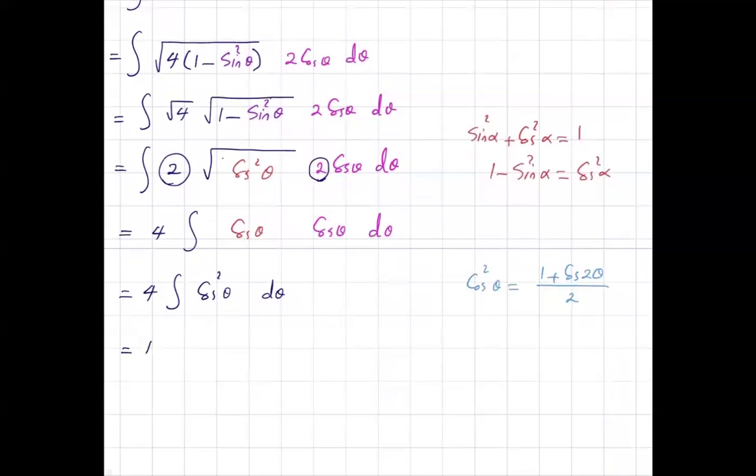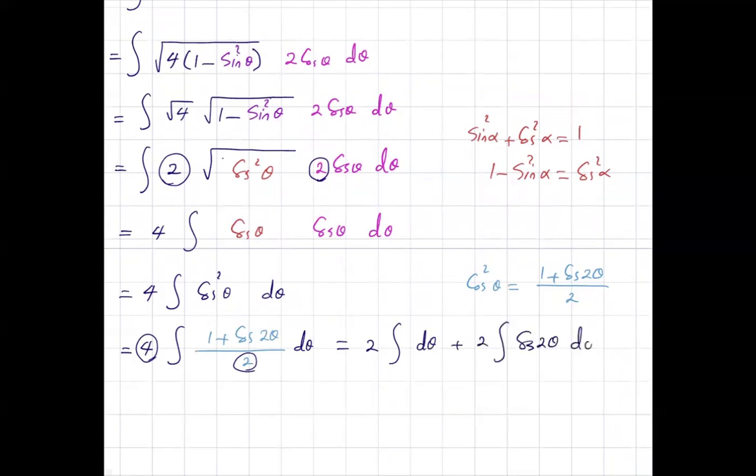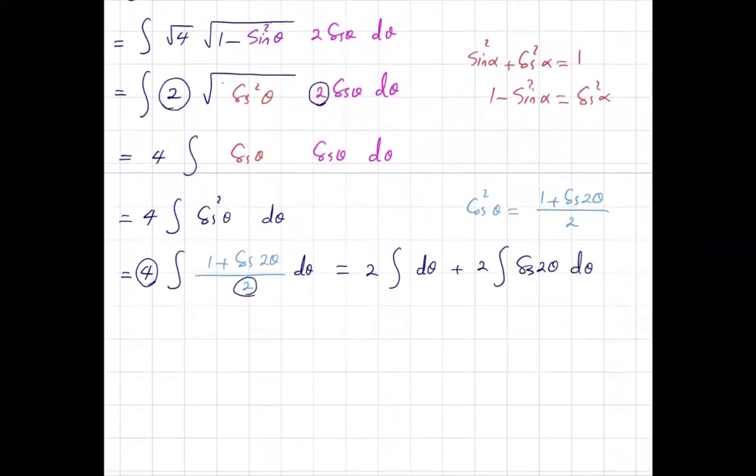So you have 4, the integral of 1 plus cosine 2 theta divided by 2 d theta, which can be written as, well, you can simplify 4 and 2, you get 2 integral of d theta plus 2 integral of cosine 2 theta d theta. The integral of d theta is theta, so you have 2 theta.